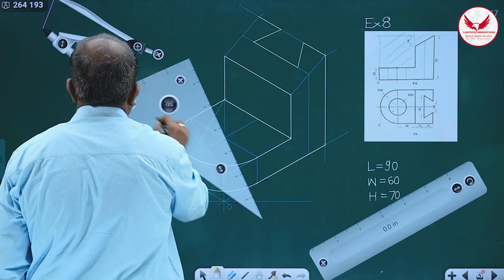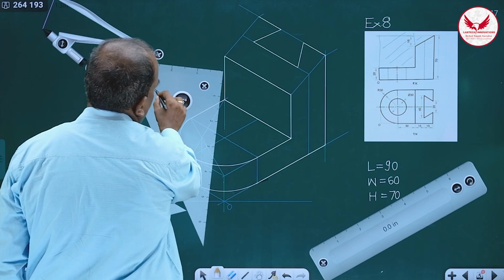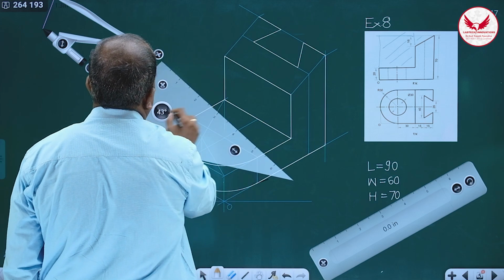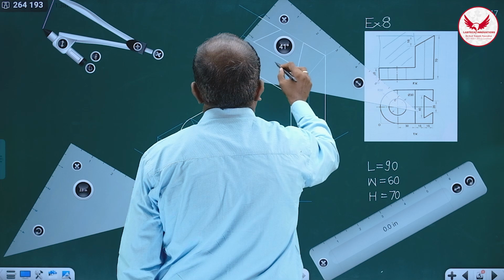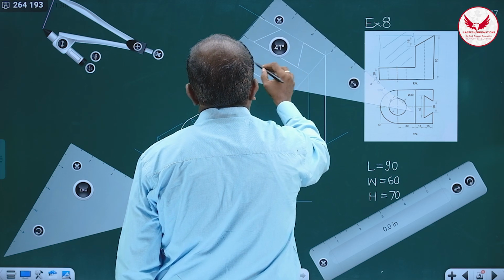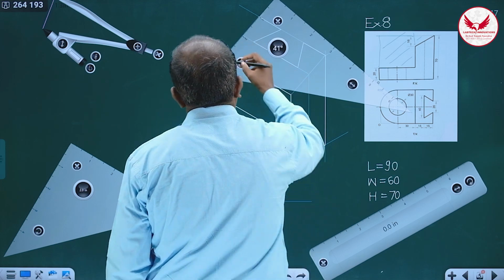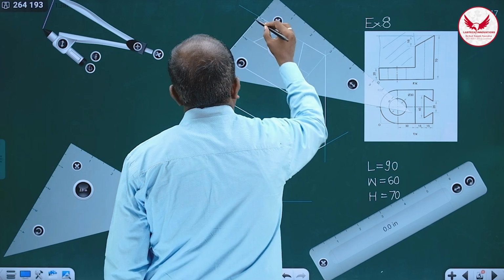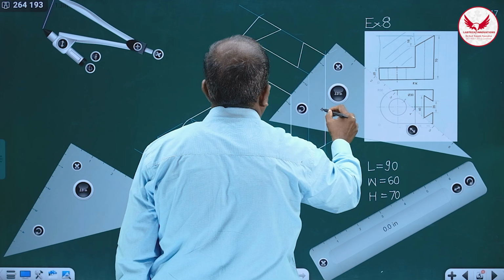At the same time, these 2 non-isometric lines also we have to join. So these are not parallel to 30 degree, means these are non-isometric lines. Like this. And similarly over here also.